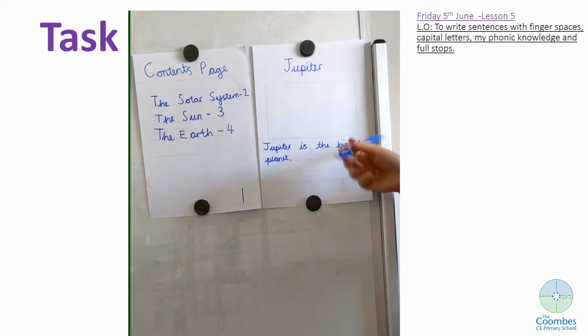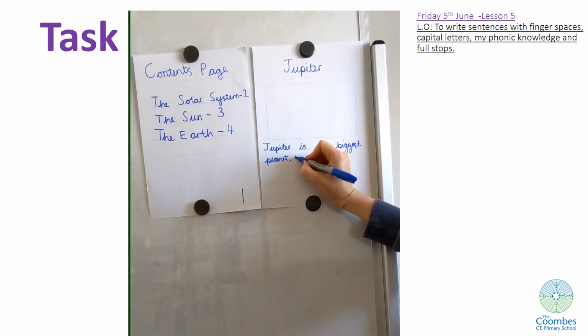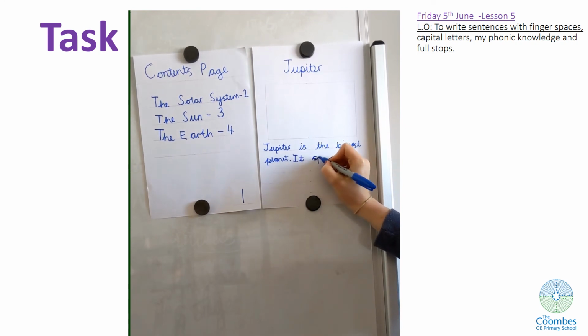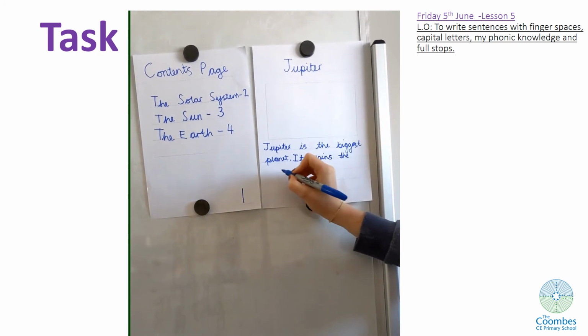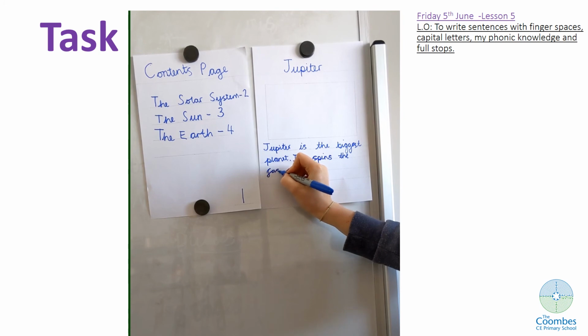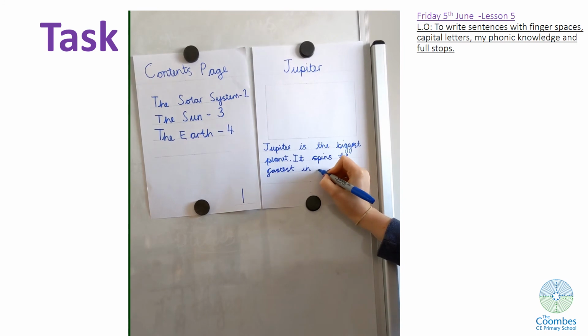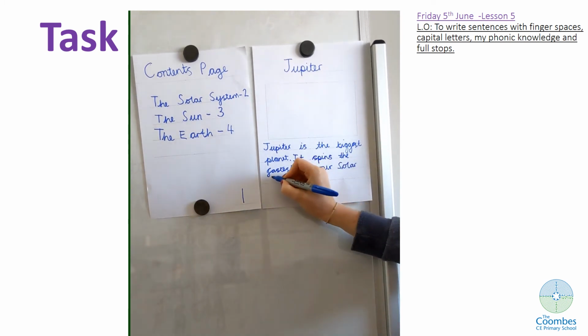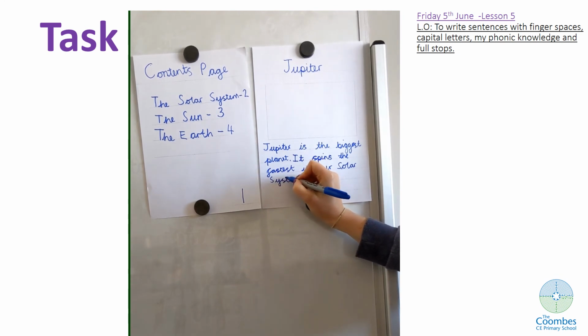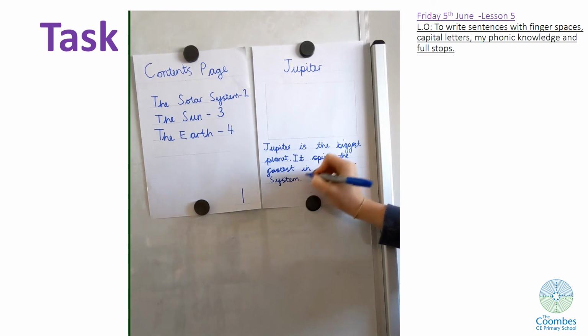I'm going to start a new sentence, so I need a capital letter for it, with a capital I. It spins the fastest in our solar system. That's the end of the sentence. What do we need? Well done, a full stop.